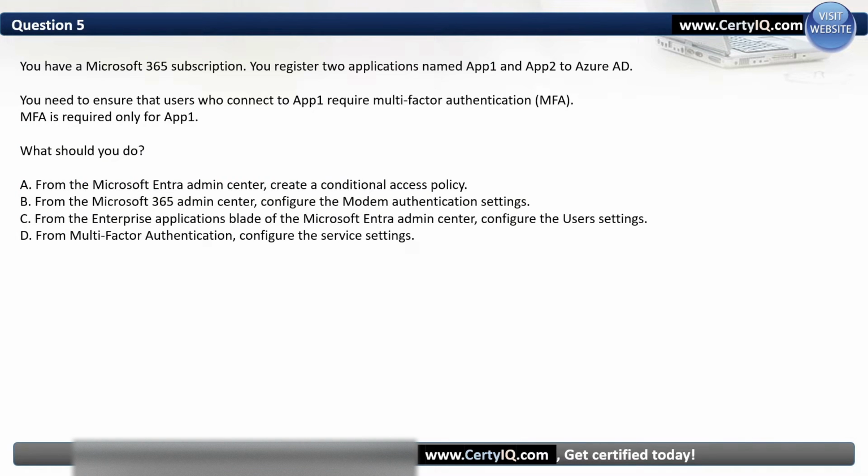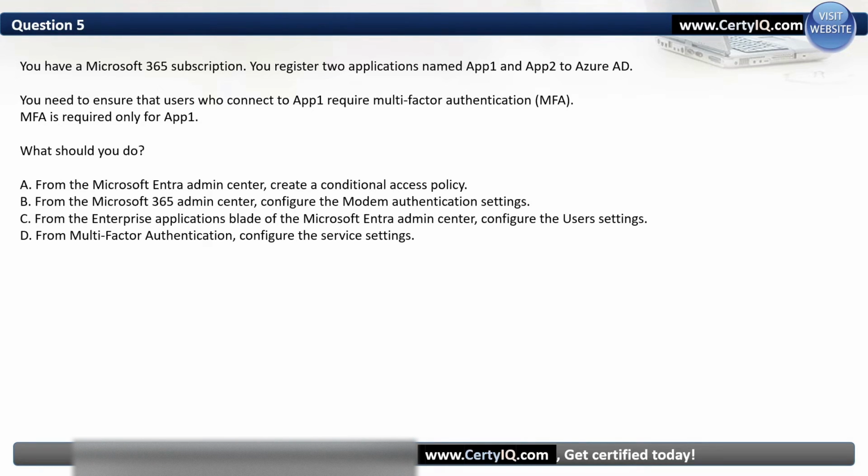Question 5. You have a Microsoft 365 subscription. You register two applications named App 1 and App 2 to Azure AD. You need to ensure that users who connect to App 1 require multi-factor authentication. MFA is required only for App 1.